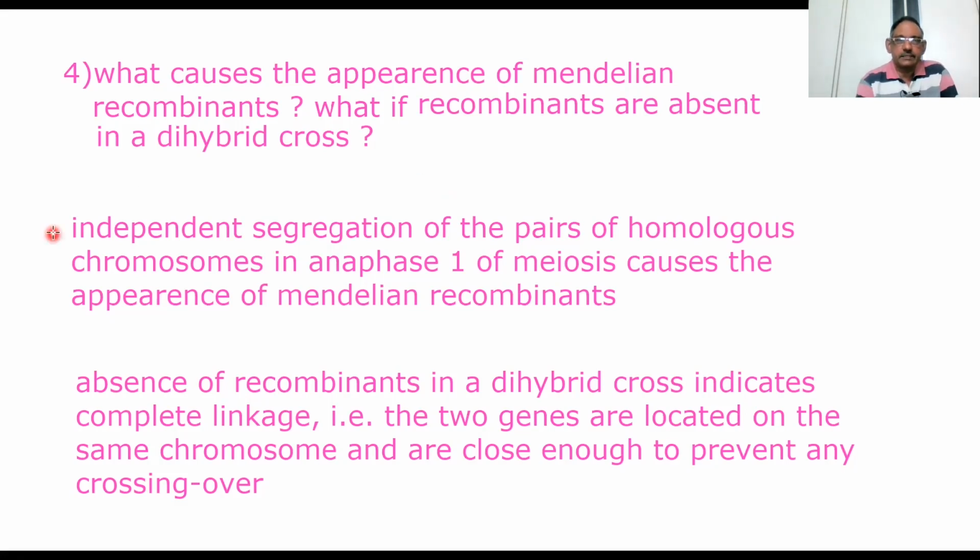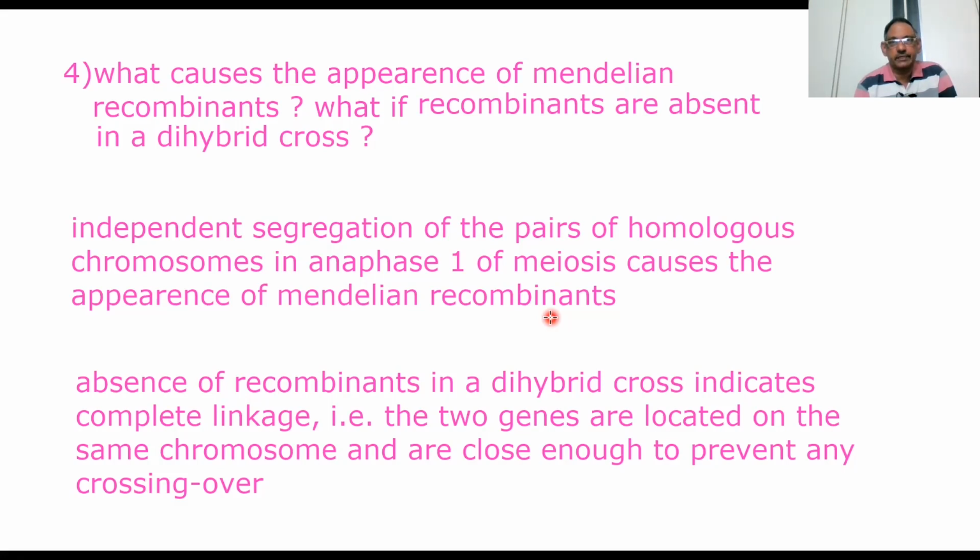The answer is independent segregation of the pairs of homologous chromosomes in anaphase 1 of meiosis causes the appearance of Mendelian recombinants. Independent assortment, independent segregation. Segregation means separation. The paired chromosomes in zygotene stage get separated in anaphase 1. And when this separation occurs, of course, it is called segregation.